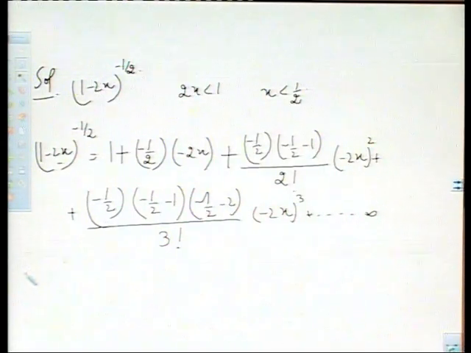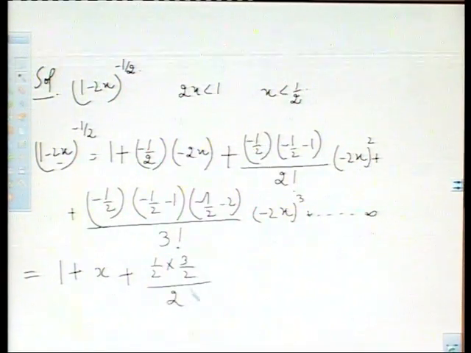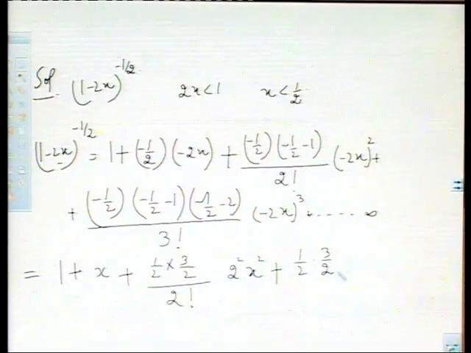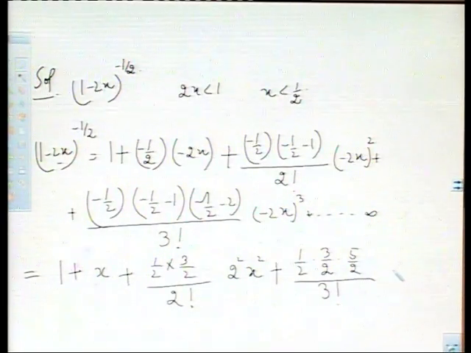Now we will simplify it. 1 plus, minus minus plus cancel, and it will become x plus, 1 by 2 and 3 by 2 upon 2 factorial, 2 square and x square, plus 1 by 2, 3 by 2 and 5 by 2 upon 3 factorial and minus 2x cube.